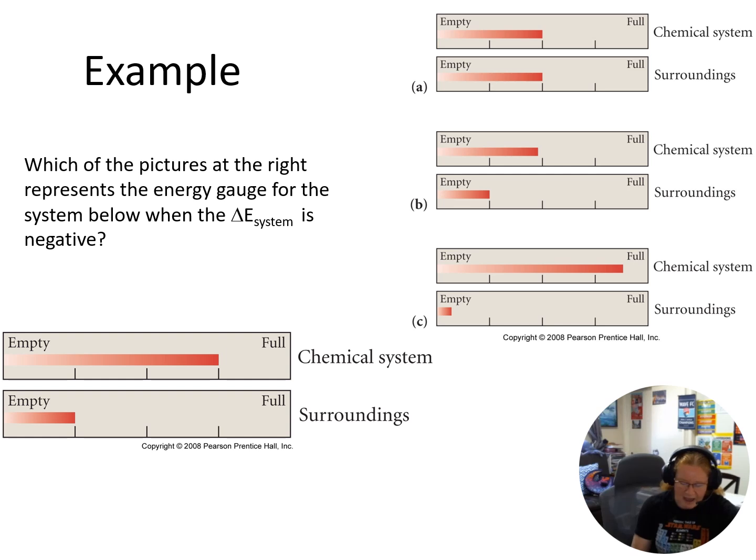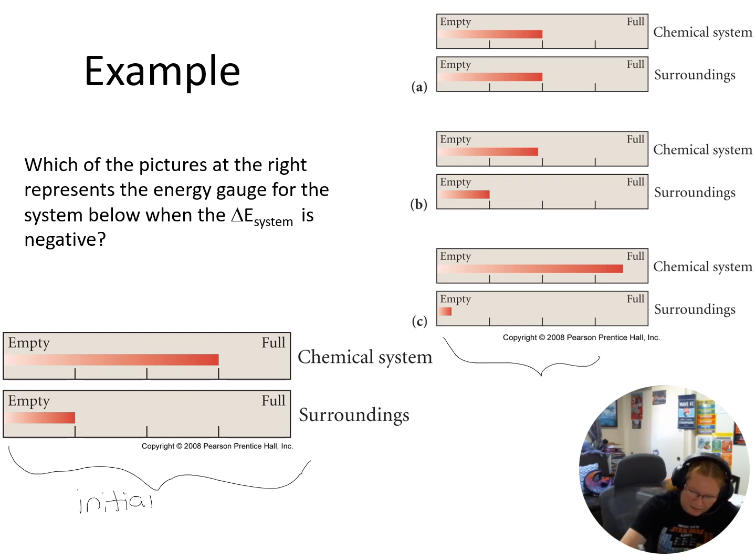All right, so I have a couple of diagrams here. So right here, these are the initial conditions. Okay, and then these over here, these are the possible final conditions.